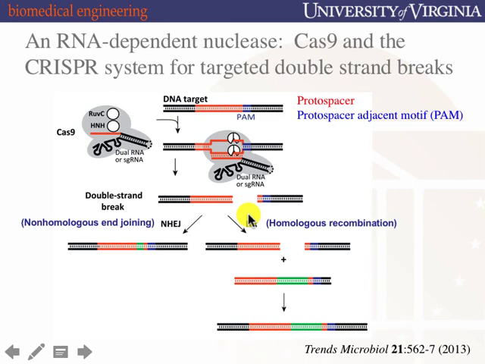So now my cell has an option. The cell can either undergo non-homologous end joining. Now, if I want to create a knockout, right? If I want to knock out a protein in order to study its impact scientifically on development of the eye or the heart or the brain or something like that, then I can generate this kind of product that's going to cleave right in the middle of that specific gene, perhaps in one of the exons, right? One of the regions that's going to actually be encoding protein.